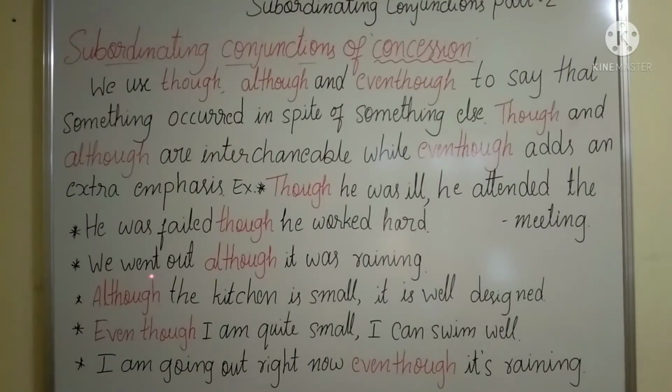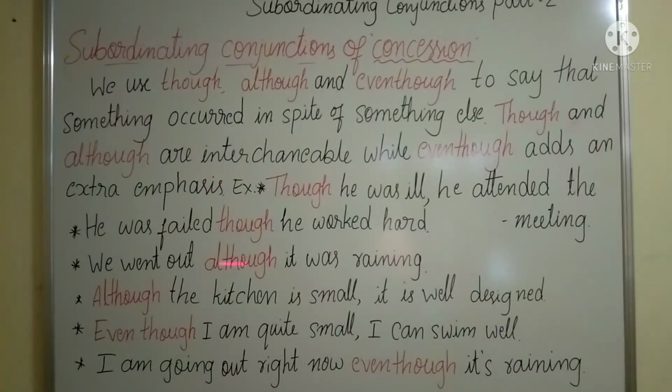Now let's move on to the usage of although. We went out although it was raining. See here, this subordinating clause has taken place in the middle of the sentence. We went out although it was raining. Although it was raining is the subordinating clause. We went out is an independent clause. It was raining actually.